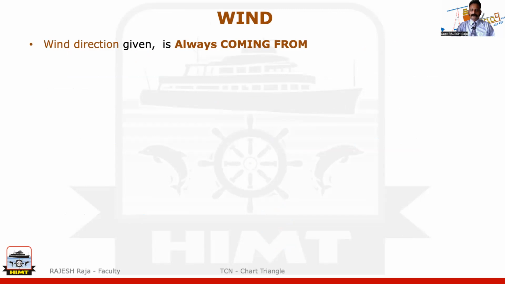Current is always going towards, the direction is always going towards, but the wind is the direction always where it is coming from. So if I give you an example like this, let us say I have a wind coming from here and my vessel is here. For me, it is the wind coming from. So you should agree that this direction is approximately a northwesterly wind. This is how a wind is depicted.